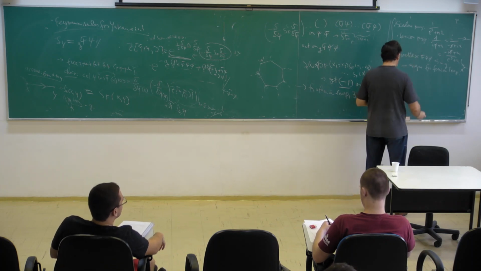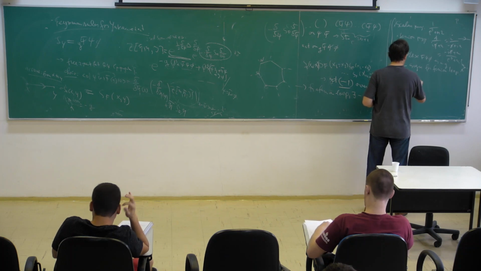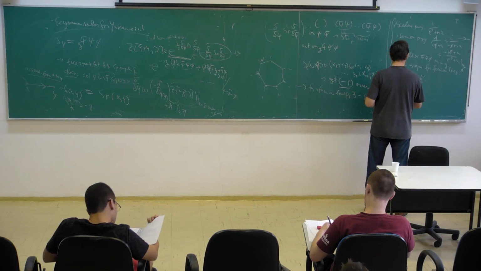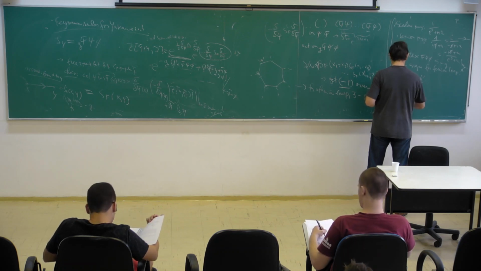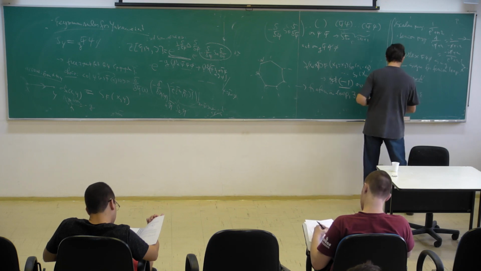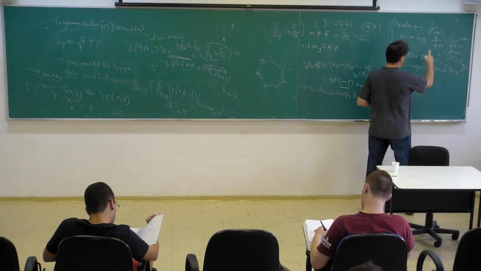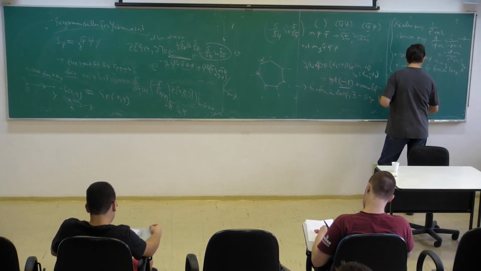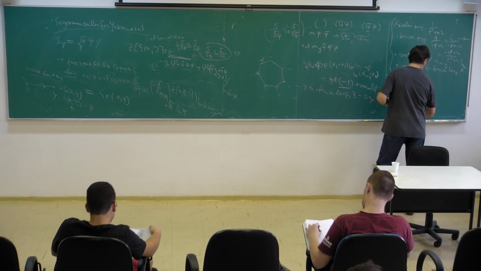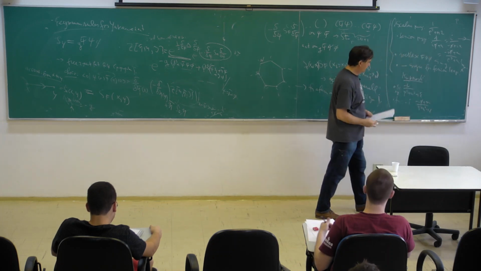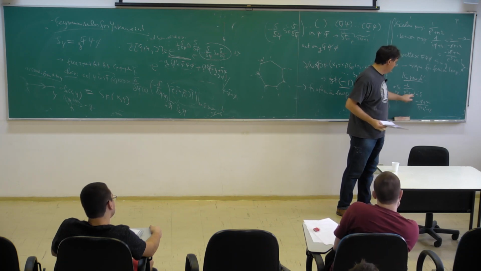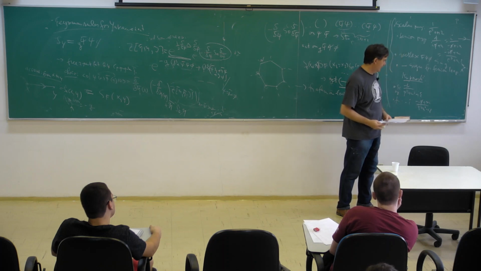And in Minkowski space, of course, I have minus i over p squared plus m squared minus i epsilon for the scalar propagator. For the fermion, I have minus i times this thing, times, let's say, minus i p slash plus m over p squared plus m squared, which now gets the same Feynman prescription as the scalar propagator, p squared plus m squared minus i epsilon.